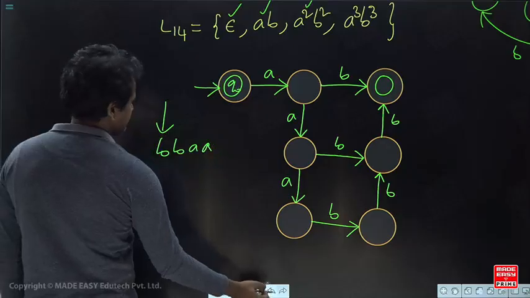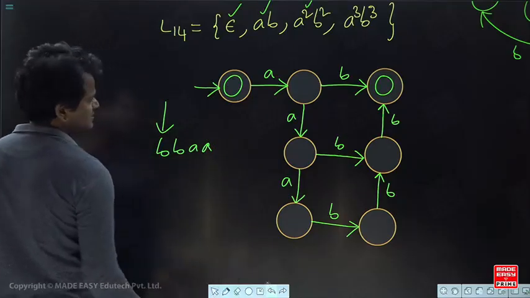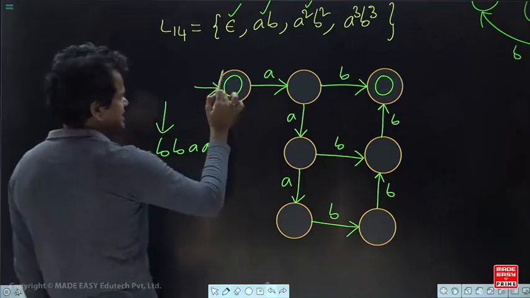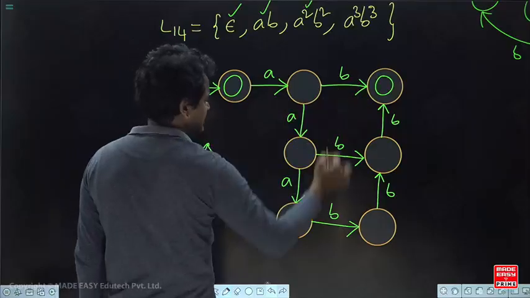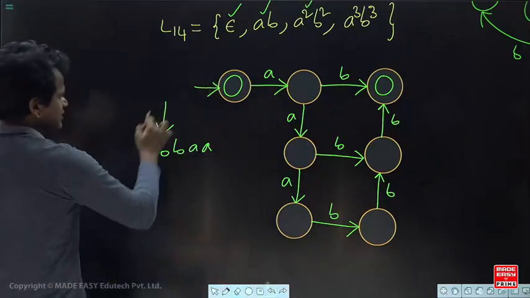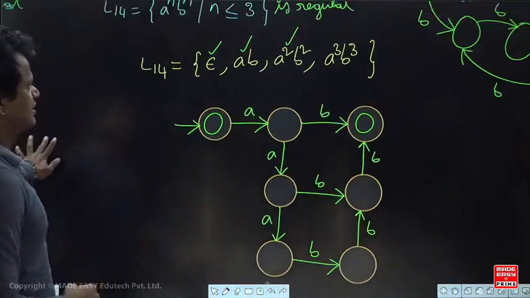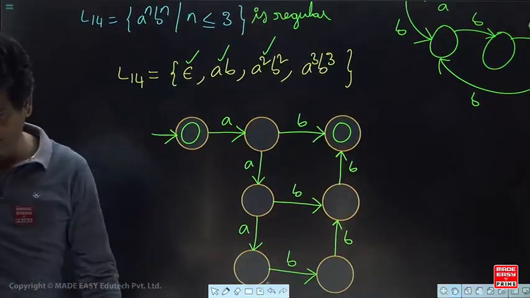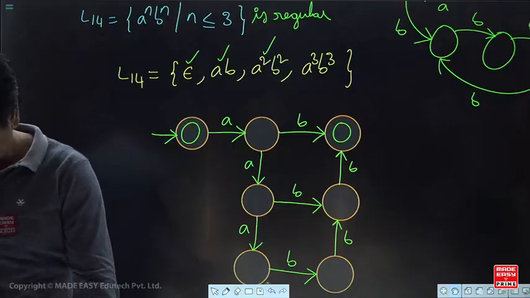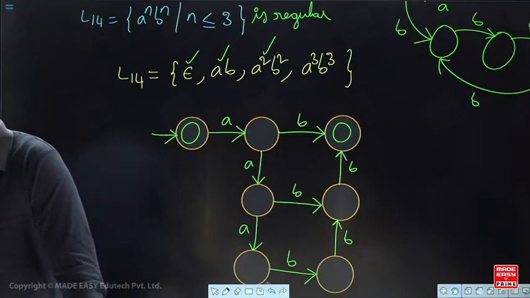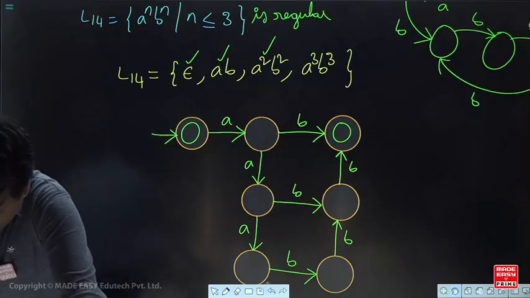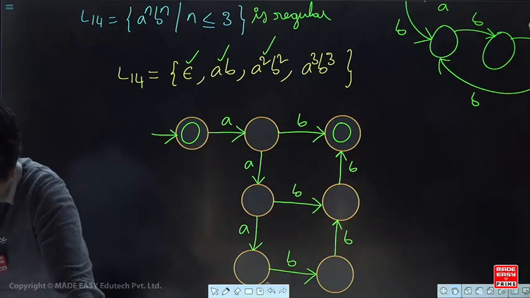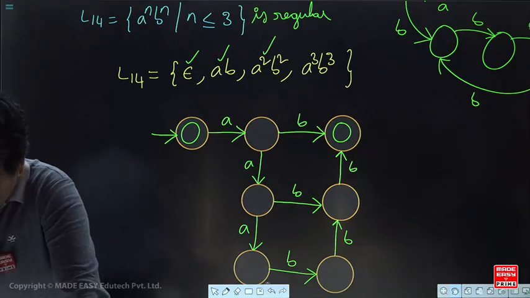When the string is not completed, we say the string is not accepted. Moreover, it accepts epsilon, ab, a square b square, a cube b cube. Therefore, the language is regular. Okay, copy. It is regular. Did you understand?